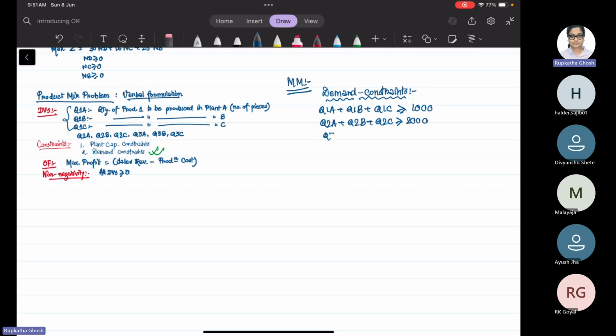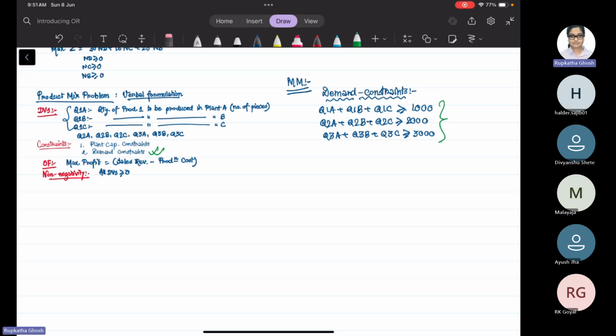Similarly, Q3A plus Q3B plus Q3C would be greater than or equal to 3,000. So altogether, these are your demand constraints.